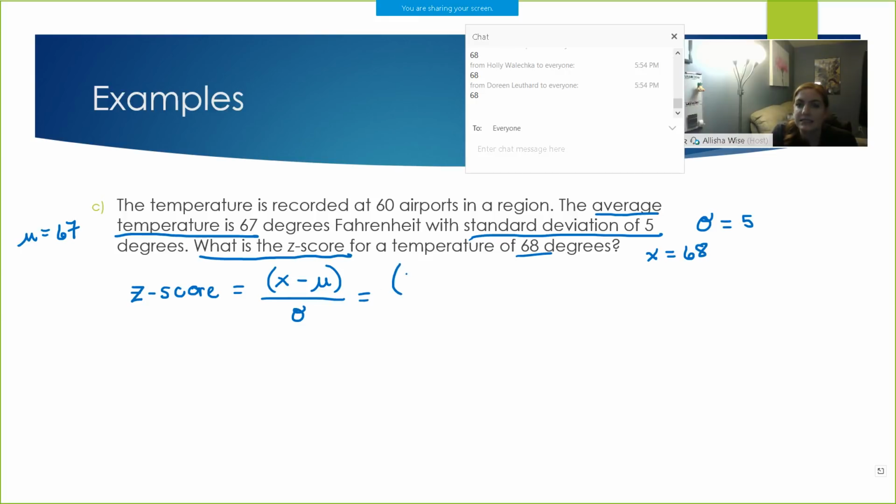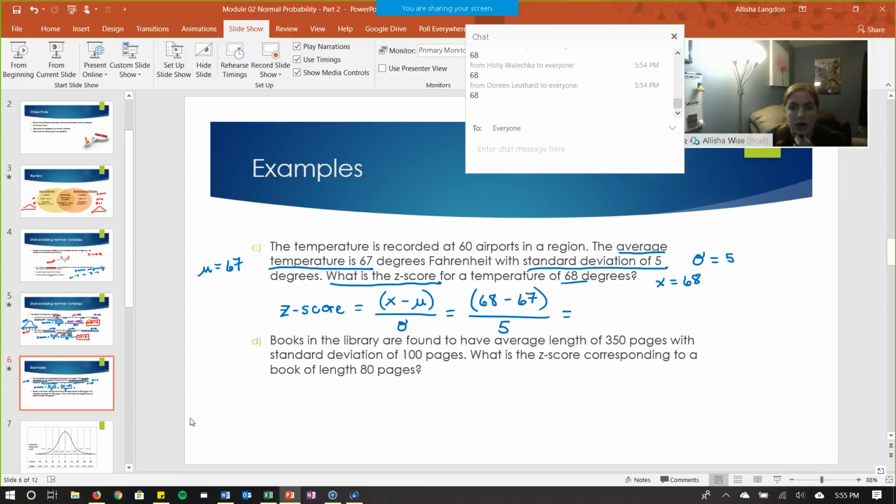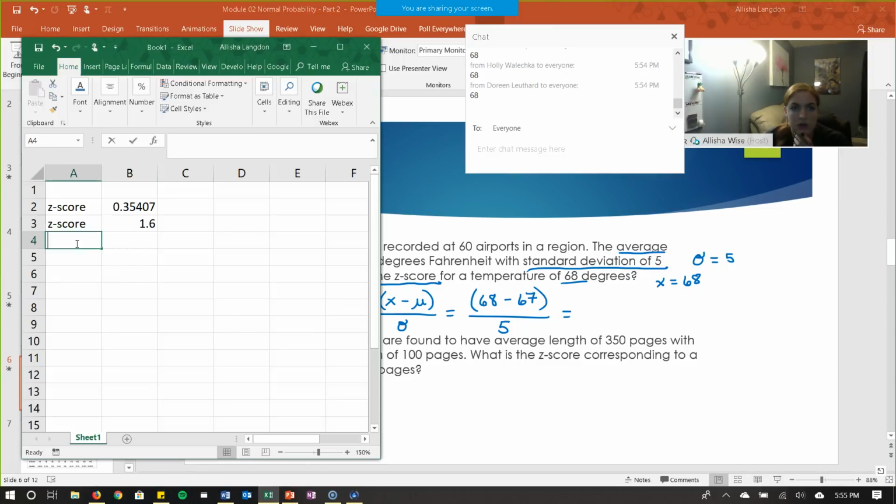So let's plug it in and figure it out. So x is 68, mu is 67, and sigma is 5. So let's go ahead and plug that into our calculator. Okay, 68, what'd you guys get?